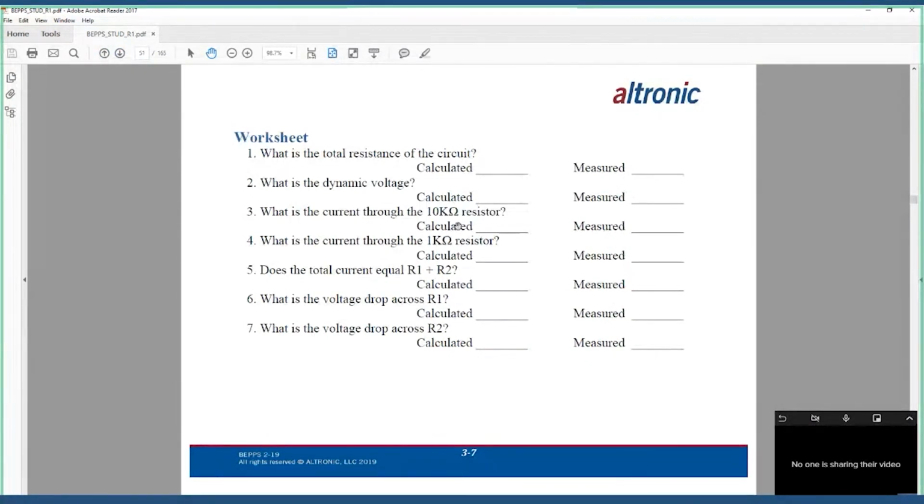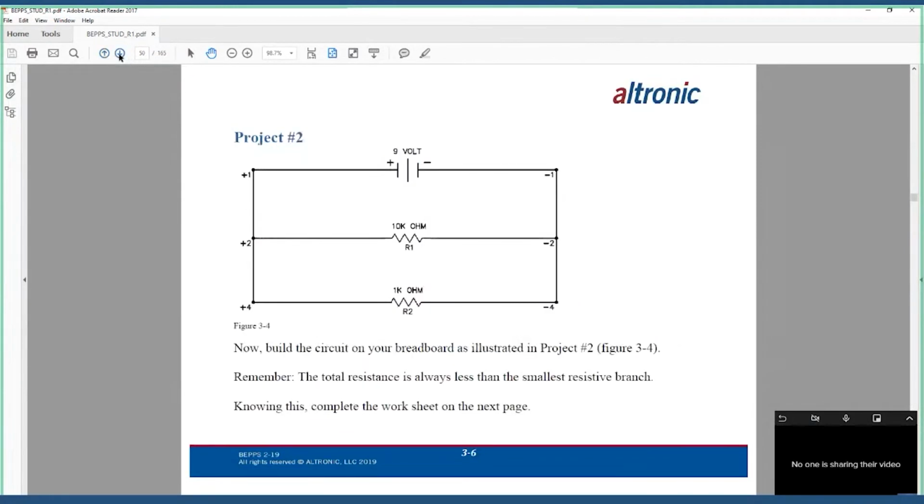So what's the current through the 10,000 ohm resistor? If we break that down, can we add that up? Now the resistance is 10,000 ohms, and we know that we have 9 volts going to it.